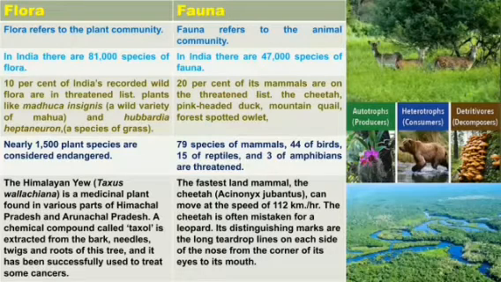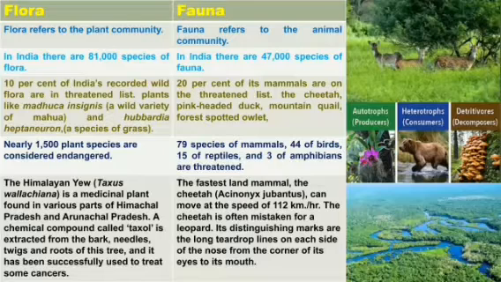This was the percentage of these plants and animals which are endangered, and in numbers we can say that nearly 1500 plant species are considered endangered species, and in fauna 79 species of mammals are endangered, 44 species of birds, 15 species of reptiles, and 3 species of amphibians are endangered species.